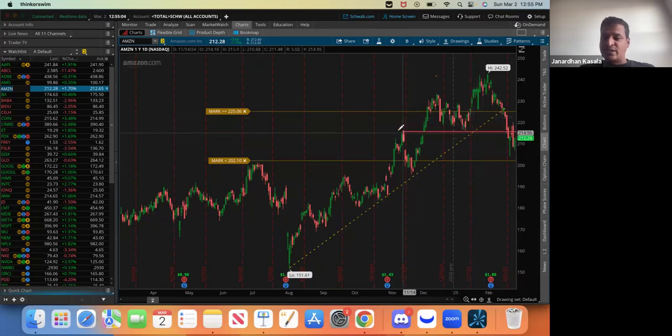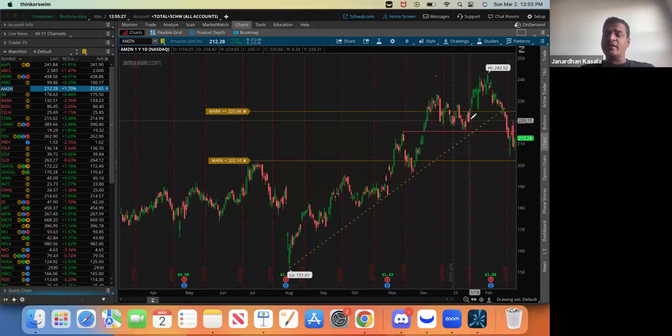This is my horizontal support, and this was my previous resistance. It broke out, and I was expecting it to retest, so the previous resistance is going to act as support now. So I was waiting for a re-entry again.